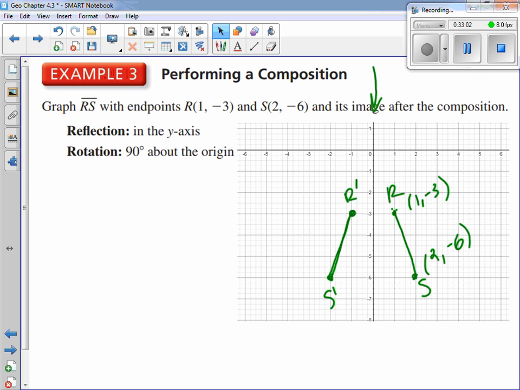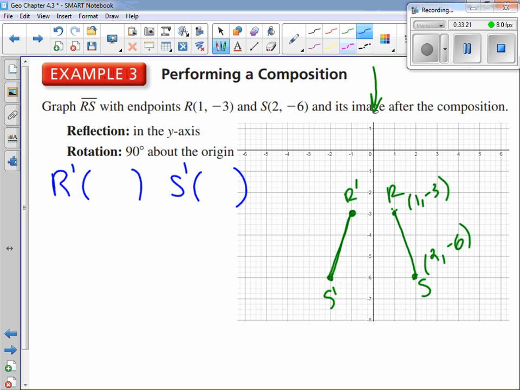Any questions on this here? Are we good with this here so far? Yes? So R prime, when we reflected it across the y-axis, is now at negative 1, negative 3, yes?